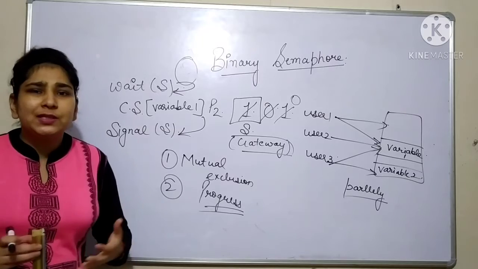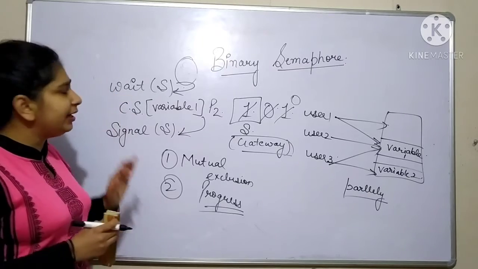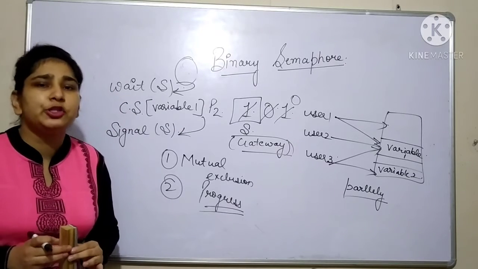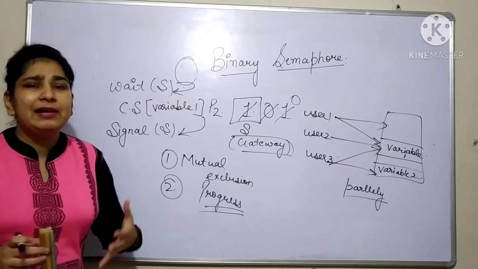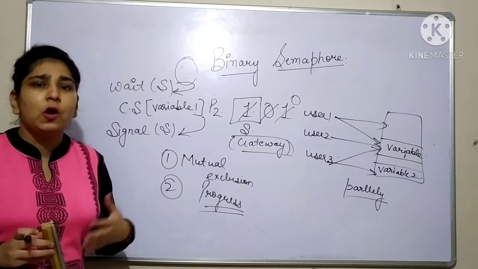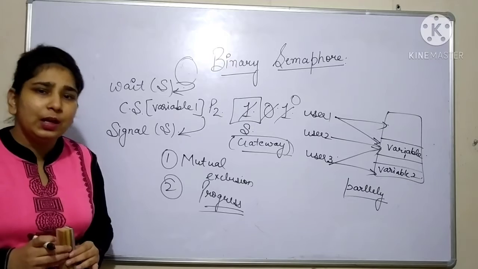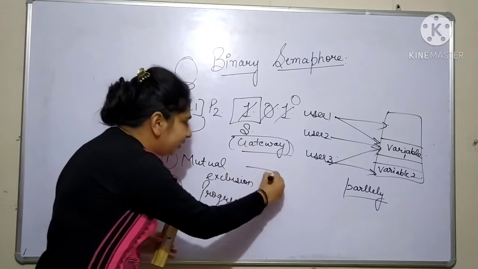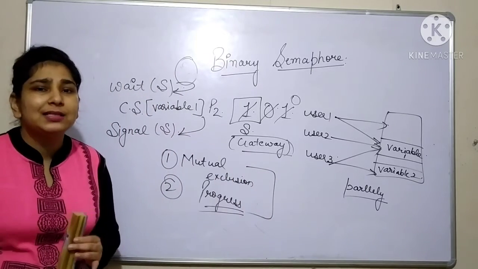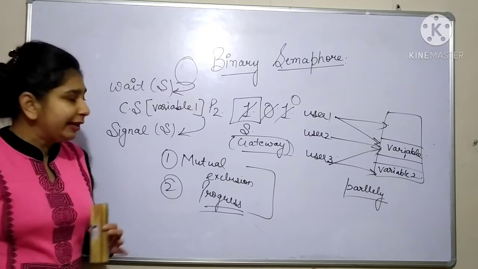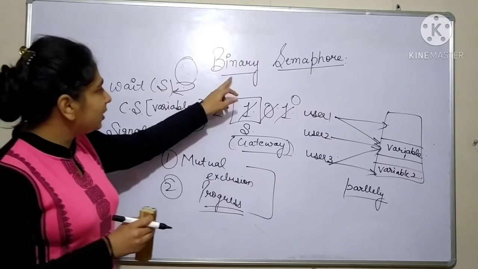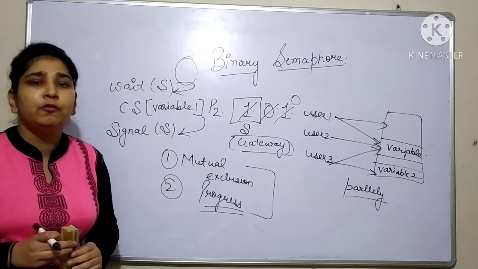We are not forcing any process to enter into the critical section. There is no dependency of one user request over another user request. So both conditions of process synchronization are fulfilled in case of binary semaphore.